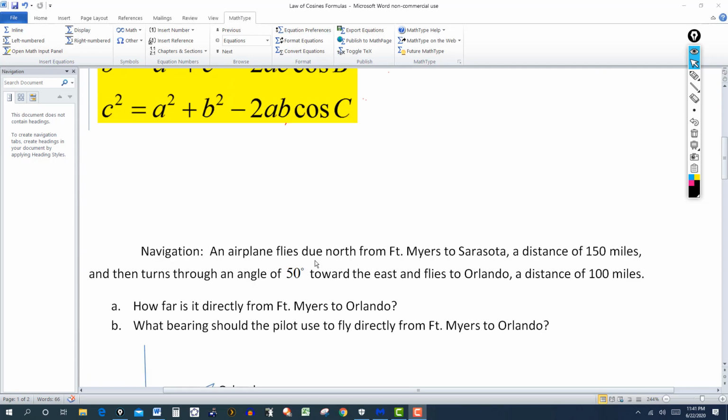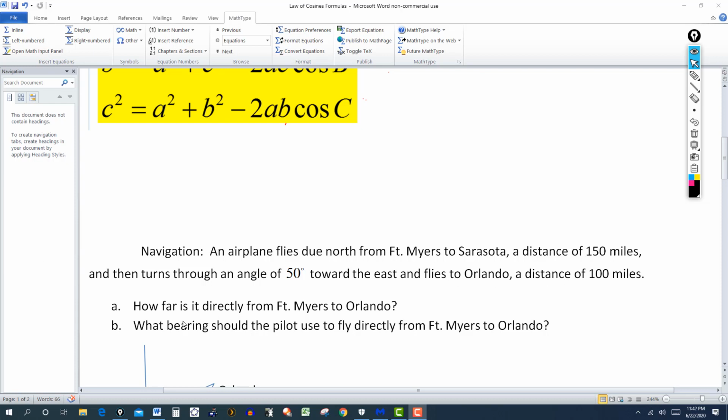An airplane flies due north from Fort Myers to Sarasota, a distance of 150 miles, and then turns through an angle of 50 degrees toward the east. That could be north, 50 degrees east. It flies to Orlando, a distance of 100 miles.